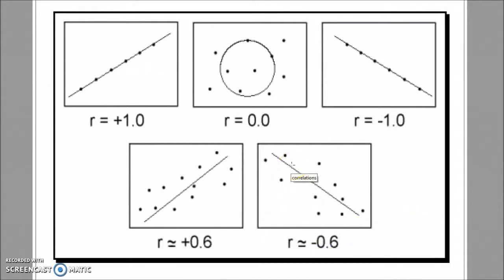Scatter plots are very important, and research actually recommends that you do scatter plots to look at the spread of your data before you do any statistics on it. And we will talk about outliers and other things also.